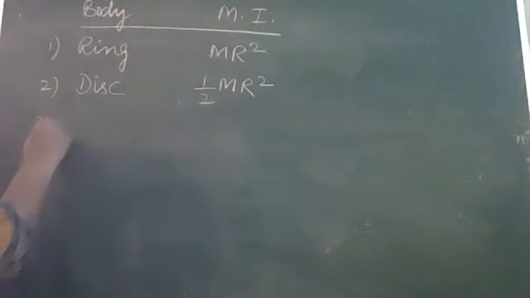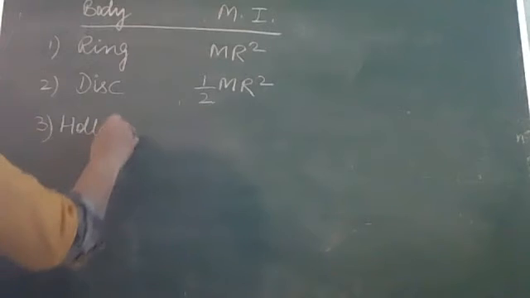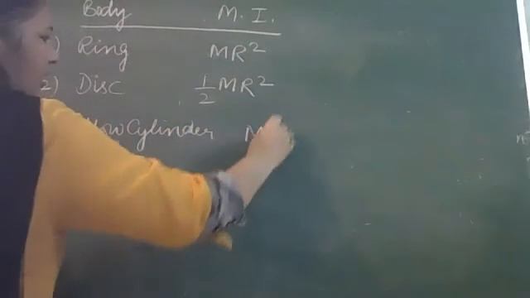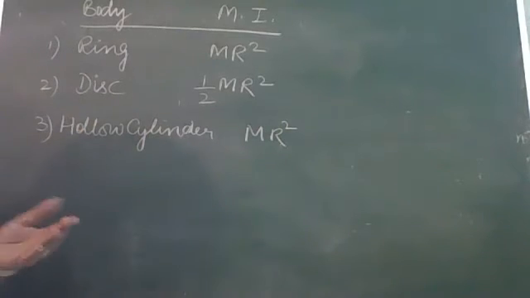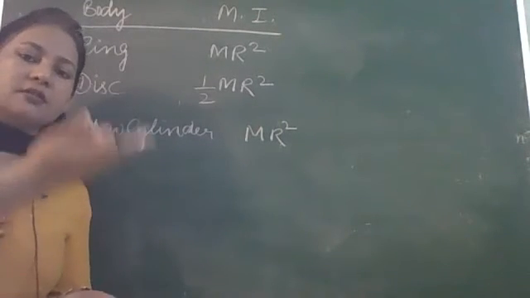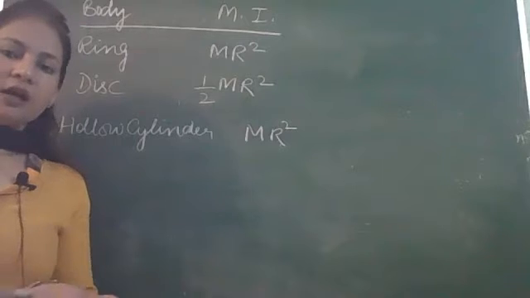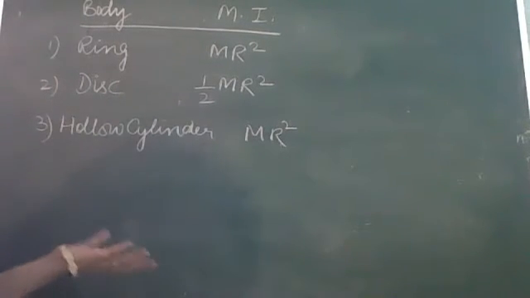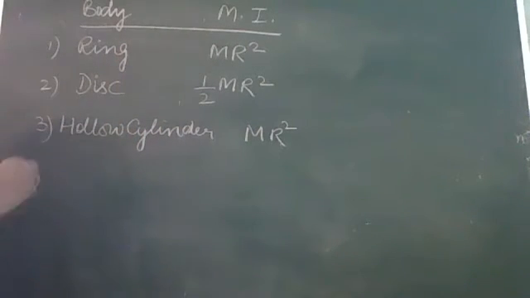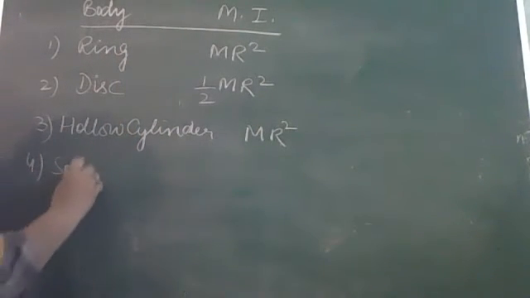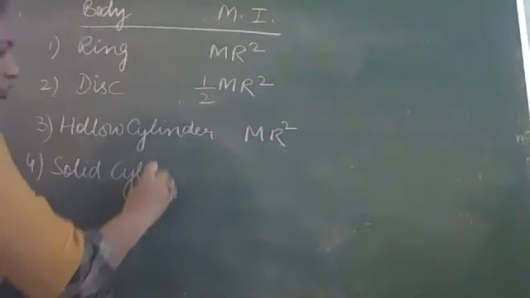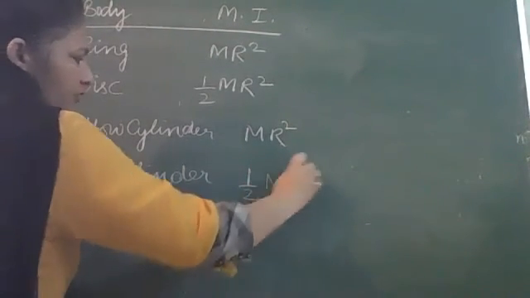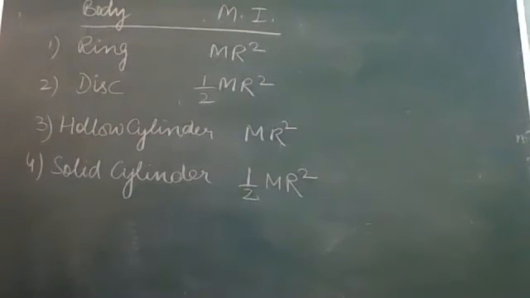Third is a hollow cylinder. Same as that of a ring, because you can assume a hollow cylinder to be a combination of a number of rings kept one over the other. If you cut portions from a hollow cylinder, these are nothing but rings. So same as that of a ring. And a solid cylinder is the same as that of a disk, because when you cut portions from a solid cylinder, you get disks. So its moment of inertia is the same as that of a disk.